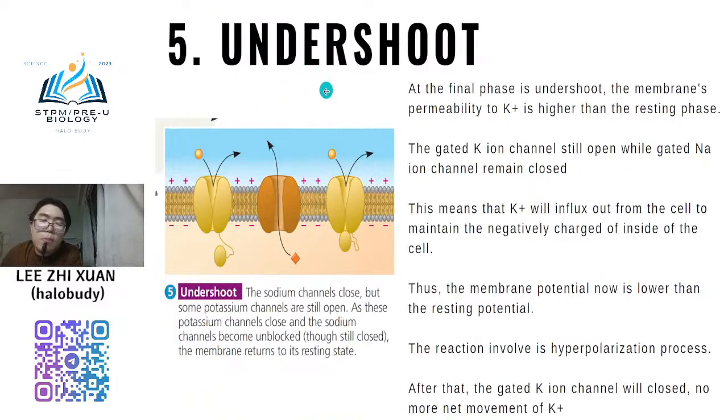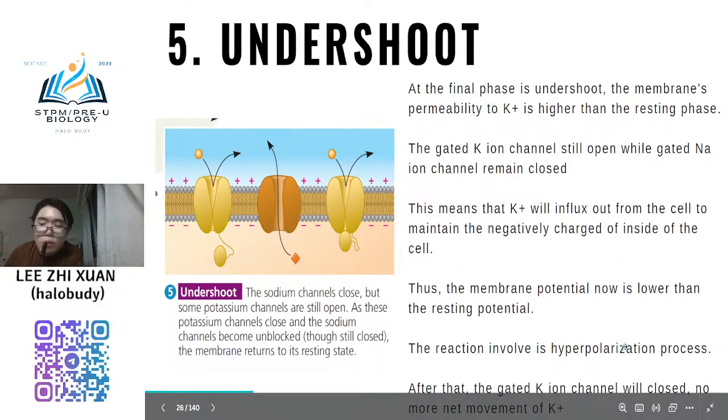But for the undershoot process, it makes your axon membrane highly permeable to potassium ion, so the potassium ions will efflux out from the cell to maintain the negative charge inside the cell. It needs to make sure that the inside of the cell is totally negatively charged. So this reaction is called the hyperpolarization process.